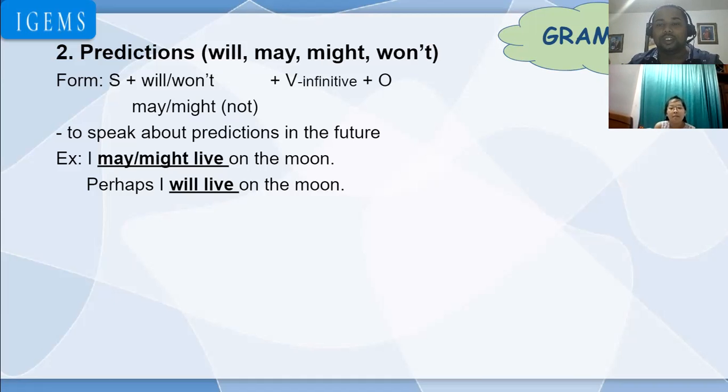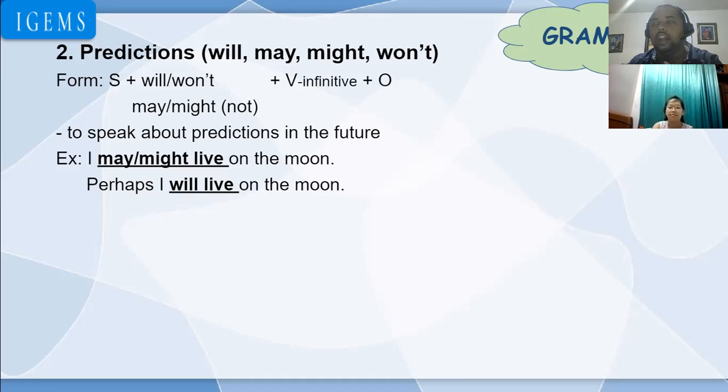So that's not sure. Maybe, perhaps you can, but it's not totally sure because there is a possibility, all right? Possibility. So we use may or might. Clear with this part? Yes.